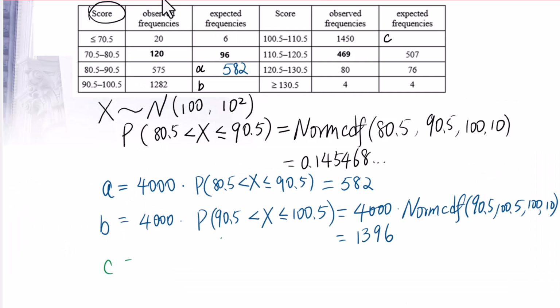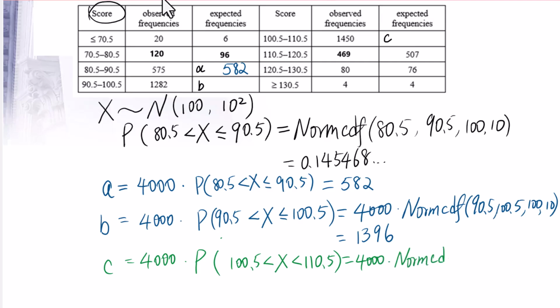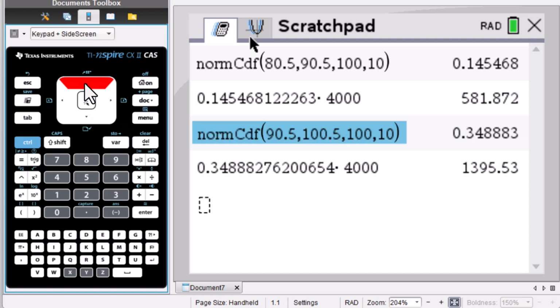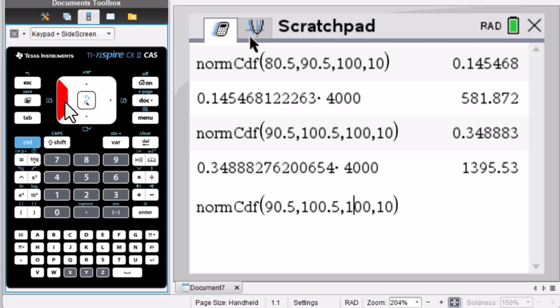Let's go to C equals 4,000 times probability of x greater than 100.5 less than 110.5, equals 4,000 times norm CDF 100.5, 110.5, 10, equals, go to calculator, go up, change 90.5 into 100.5, 100.5 turning into 110.5.